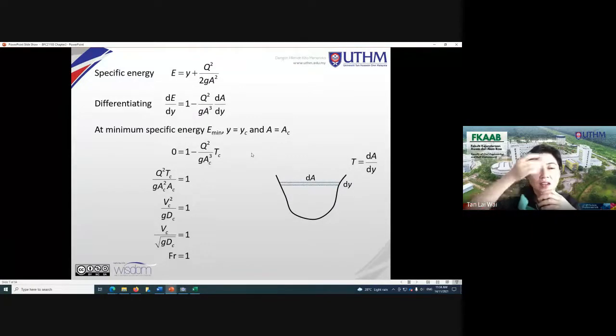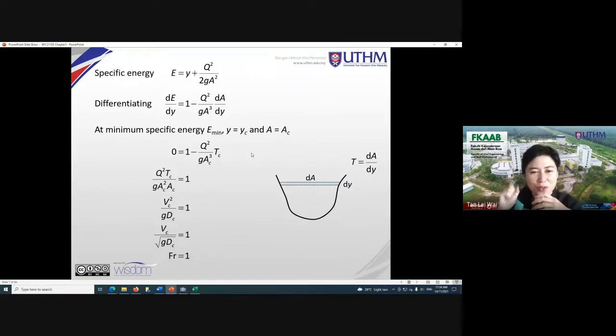Now, let's show that when specific energy is minimum, the Froude number is equal to 1. That means the flow is in the critical state of flow, so Y will be equal to YC. Let's look at this here.